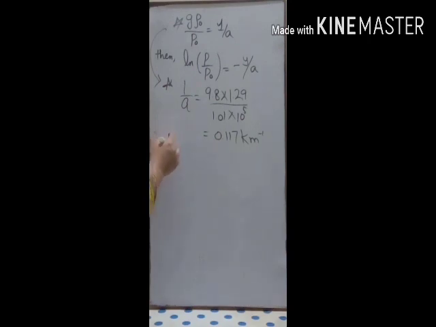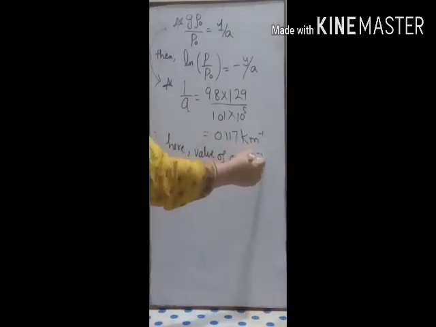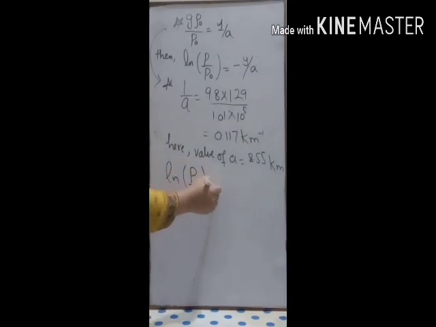Here the value of A is equal to 8.55 kilometer. Solving the equation for the natural log, ln of P over P naught is equal to minus Y over A. This gives P is equal to P naught exponential of minus Y over A.